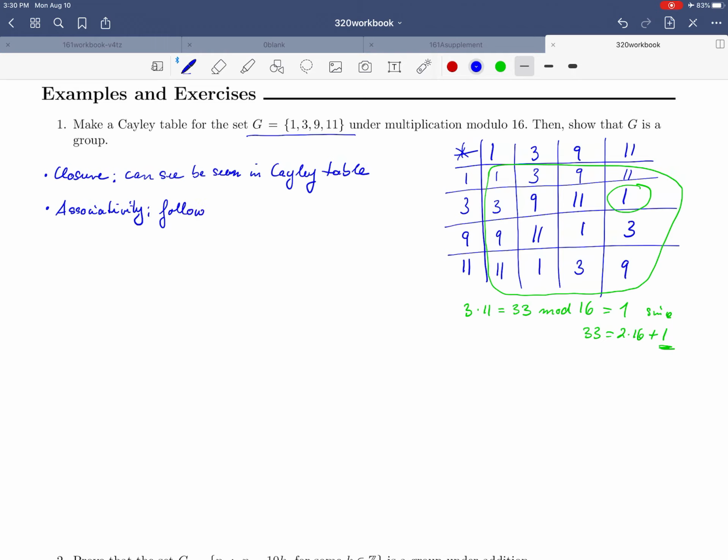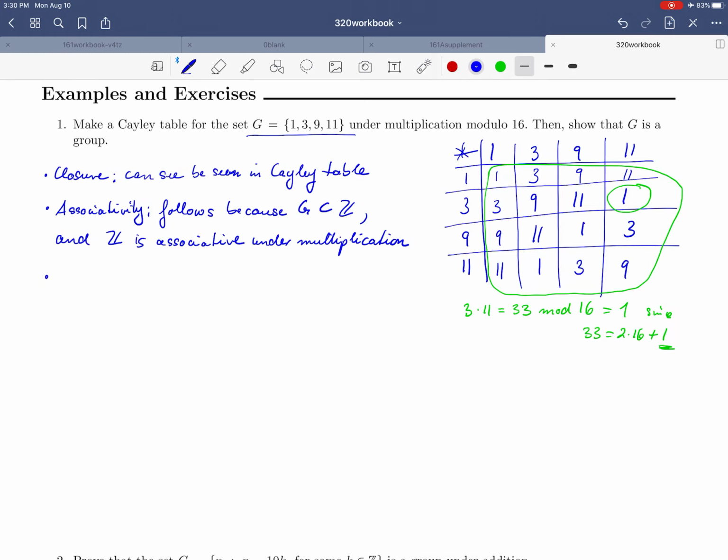So associativity follows because our group G is a subset of the integers, and the integers, Z, are associative under multiplication. So we're looking at a small set of a bigger set. The bigger set has this property, so the smaller set just inherits that property. So we get it for free.